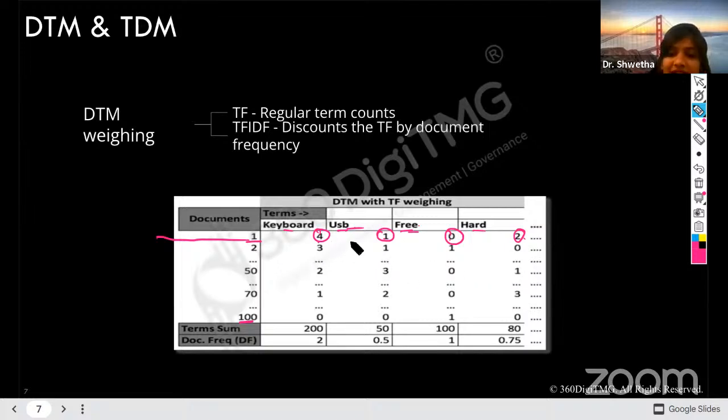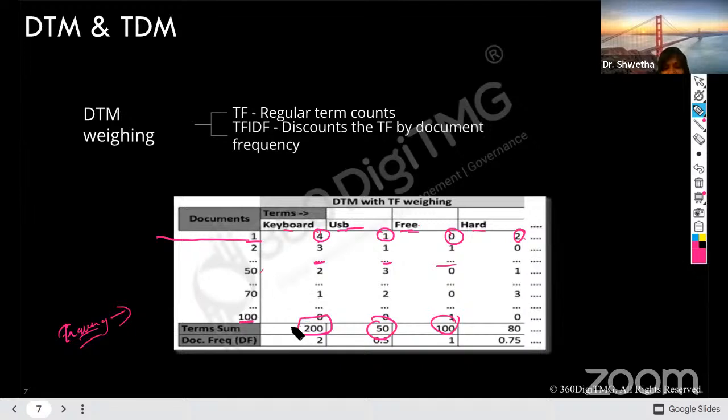Sometimes the next review might not talk about keyboard at all. One person might talk about the keyboard, the other might talk about something completely different. In such a way, you are trying to understand what they are talking about. So in the whole 100 documents, the word keyboard was repeated around 200 times, whereas USB was repeated 50 times and free was repeated 100 times. This is the frequency of the word across all the documents.